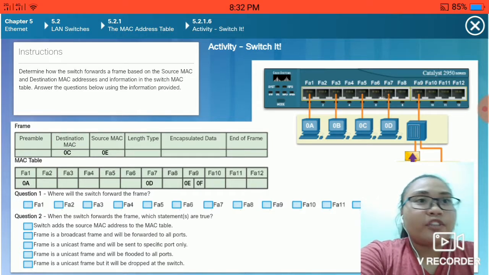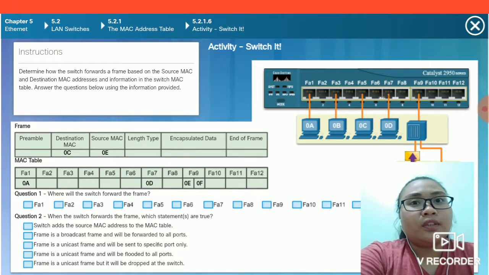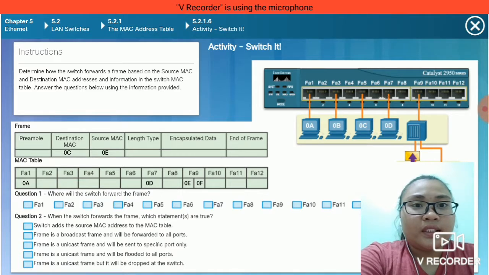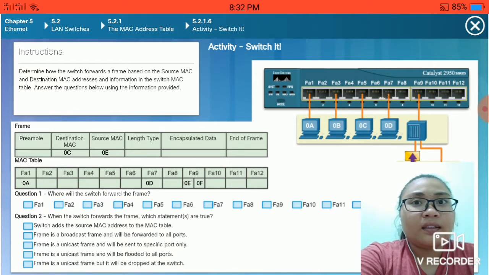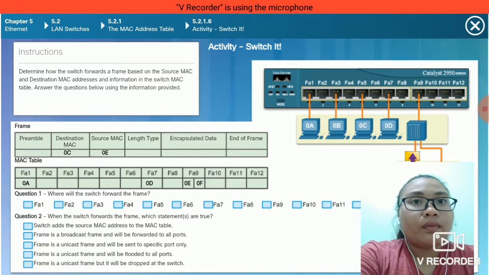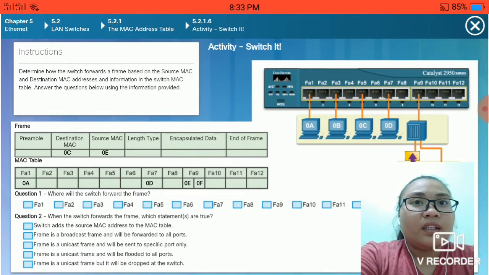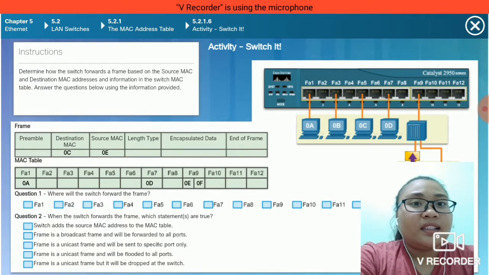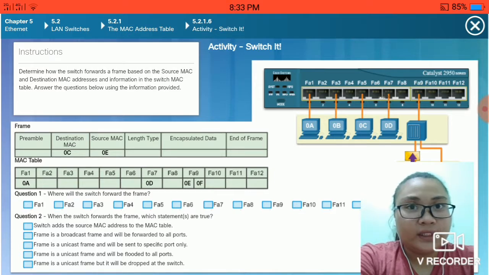We are trying to see where this computer, the source MAC, sends the frame. The source MAC is labeled 0E, and it is trying to send a frame to destination MAC labeled 0C.